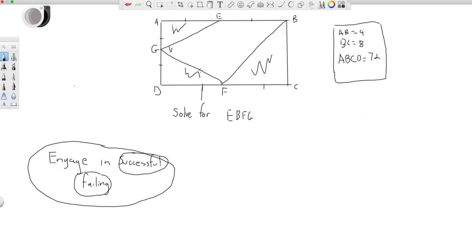If you notice, the whole rectangle ABCD is EBFG plus these right triangles. So all we need to do is subtract these right triangles out of the rectangle to get our shape. Once we do that, we've engaged in our successful failing.